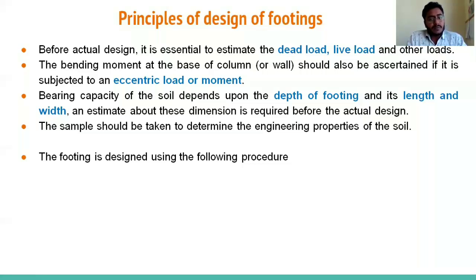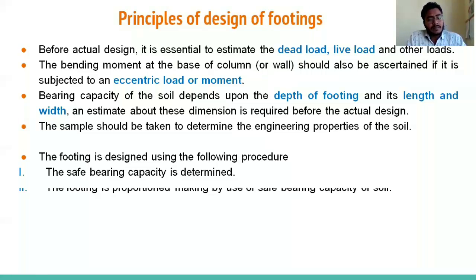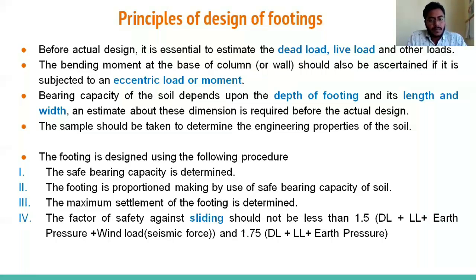So the footing is designed using the following procedure. First, we determine the bearing capacity of soil. Then, based on that, we can calculate the dimensions of the footing. The fourth one is very important: the factor of safety against sliding should not be less than 1.5 when the combination is dead load, live load, earth pressure, plus wind load, or 1.75 where the combination is dead load, live load, and earth pressure.